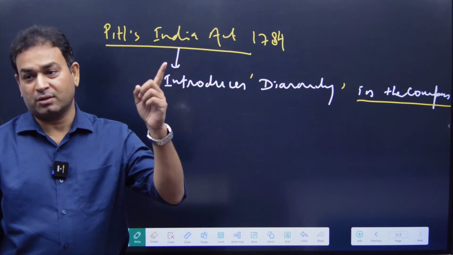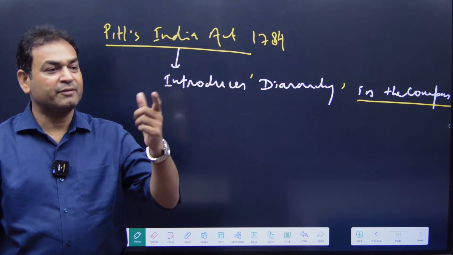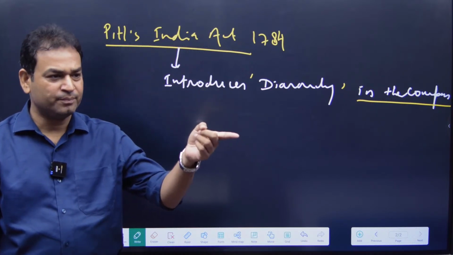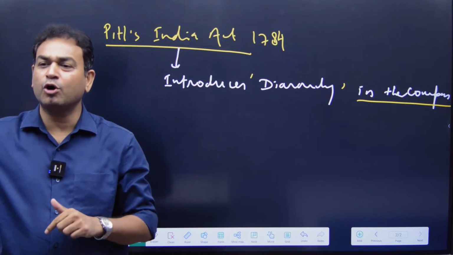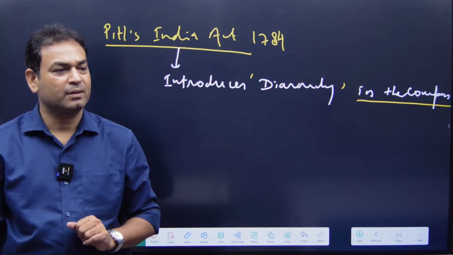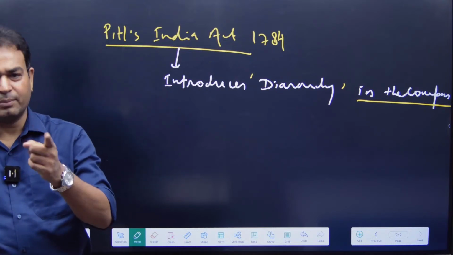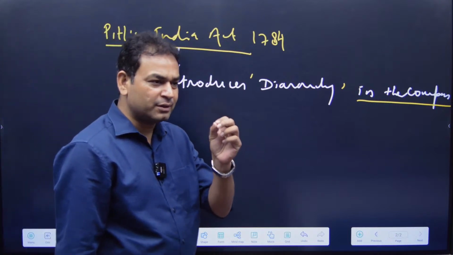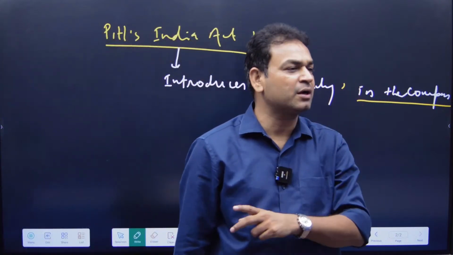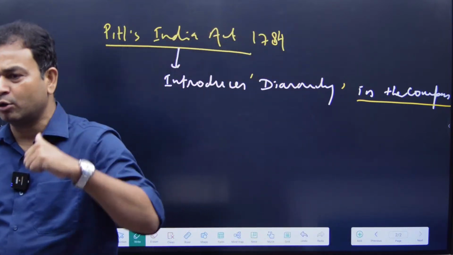Diarchy in Bengal, 1765, when revenue functions were given to the company and political functions were conducted by the Nawab of Bengal. Dual role. Then diarchy in Bengal, 1765, when revenue power was vested within the company and political power was vested within the Nawab of Bengal.